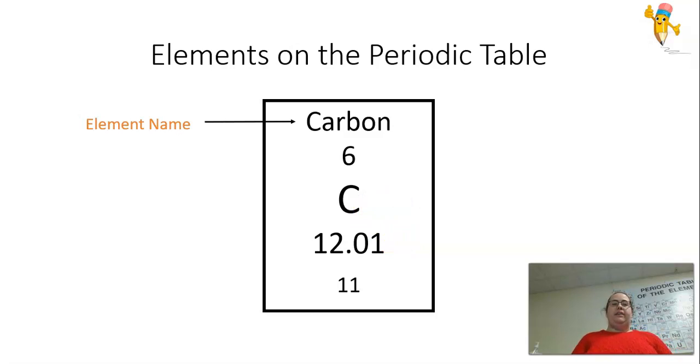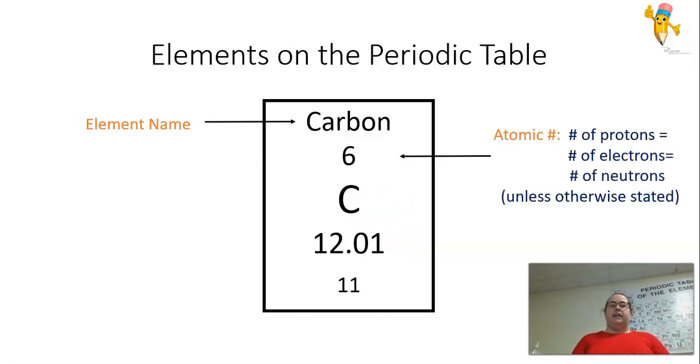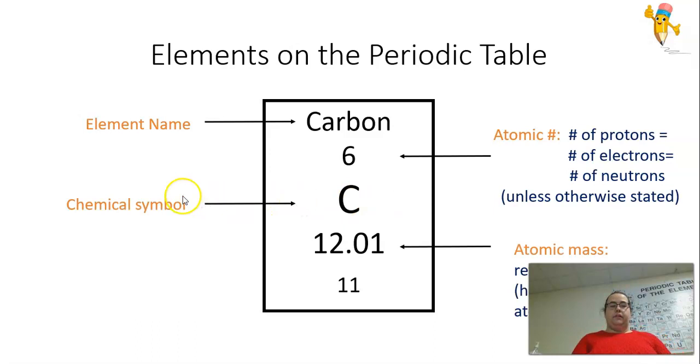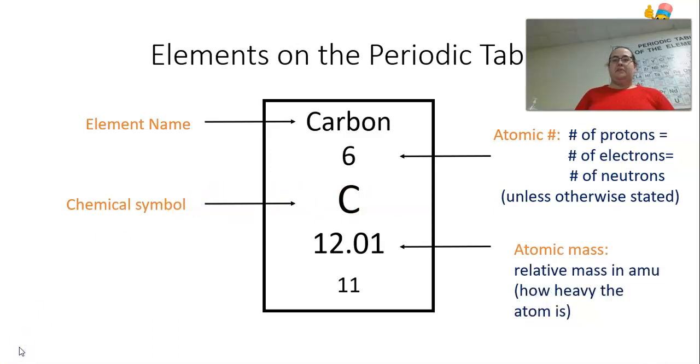So if you will go ahead and follow along, you can label this in your notebook. So you're going to glue in your carbon, and you're going to label this as well. Sorry, I had to move my video a little bit so you could see.